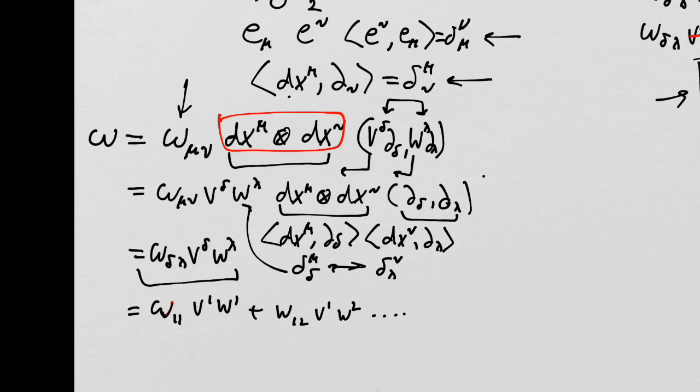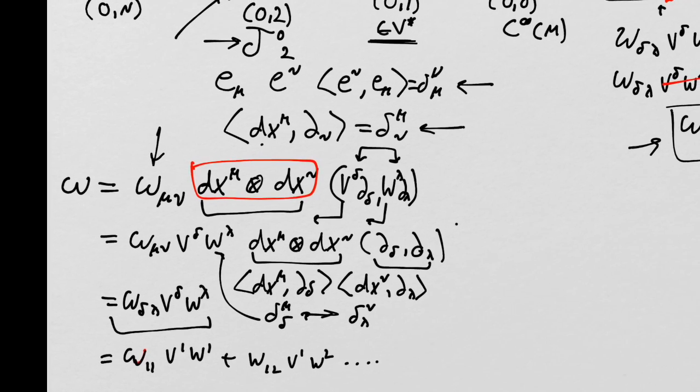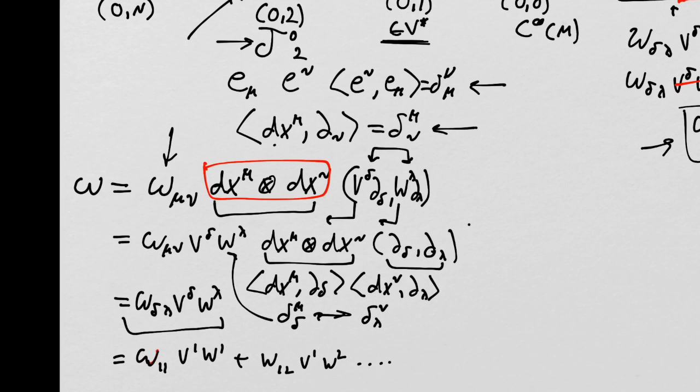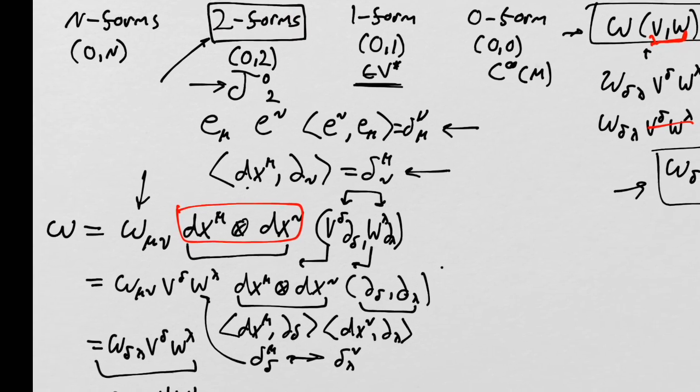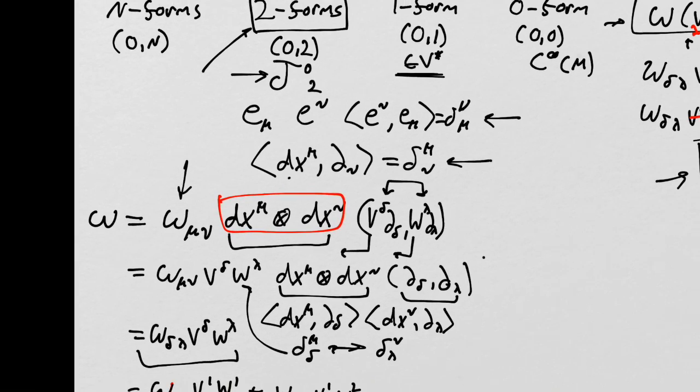Now, what is it that distinguishes a typical, everyday, run-of-the-mill 0-2 tensor like we've been discussing from a 2 form? And the difference is that there is a constraint added. And that constraint is that we are seeking antisymmetry.